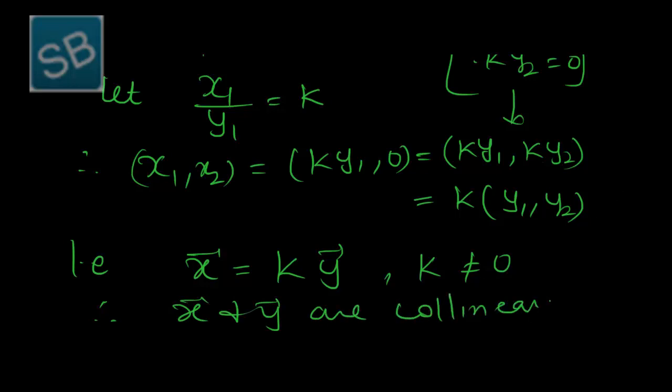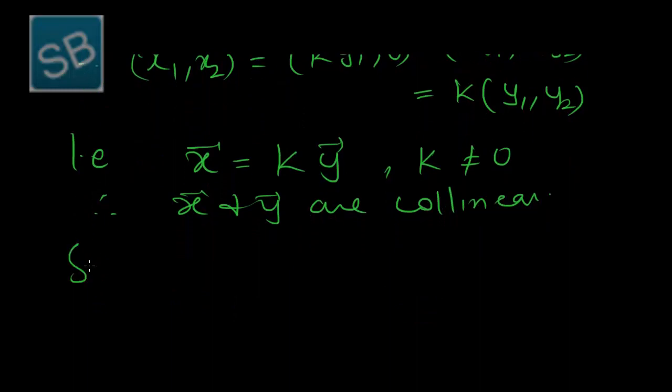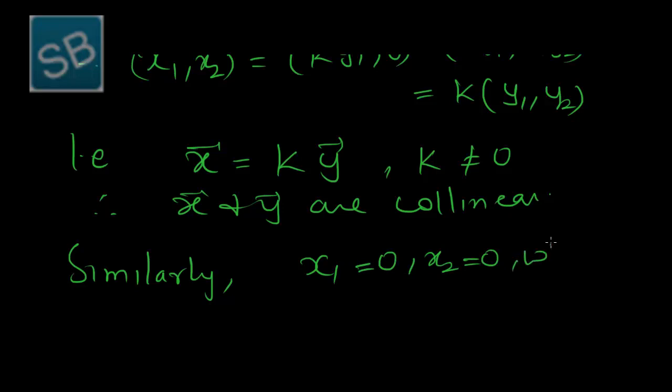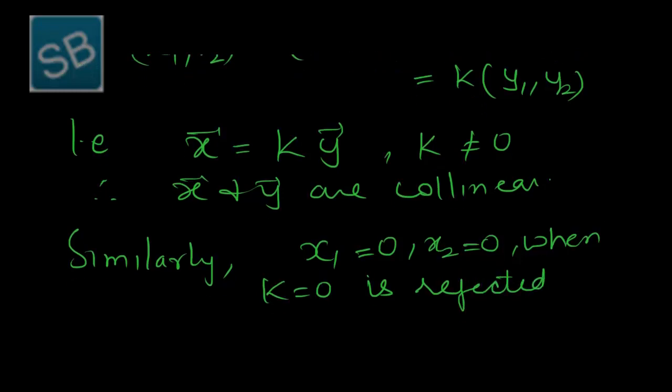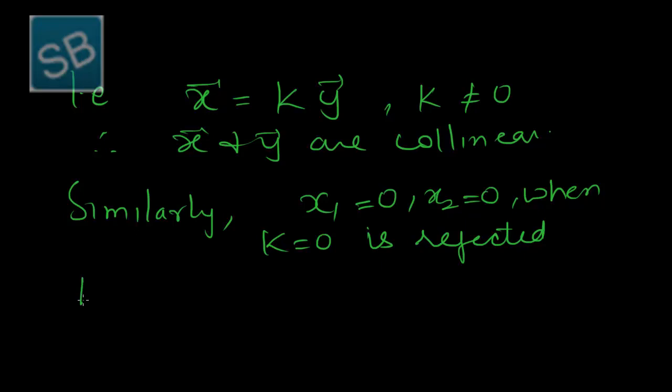Now, if we discuss the case, similarly, we can take the case if x1 is 0 and x2 is 0, when k is equal to 0, is rejected because x is not equal to 0 and k is not equal to 0.